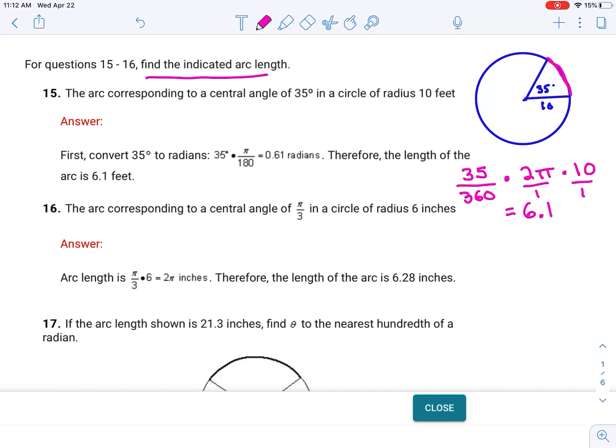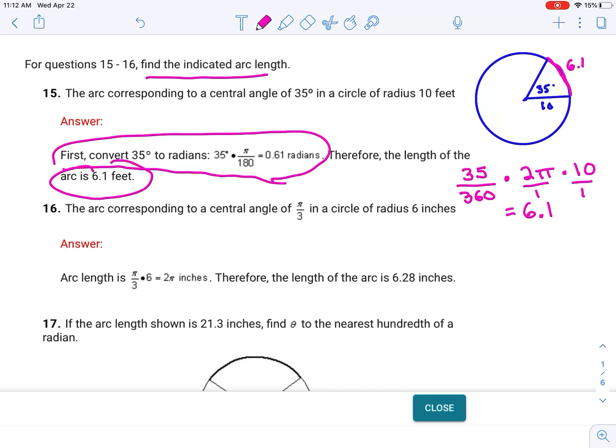Okay, so now we know that distance as 6.1. Now I want to talk about the answer that they have here. Let's take a look at the answer that they have here. This is the final answer, 6.1. We know that because we just did it.